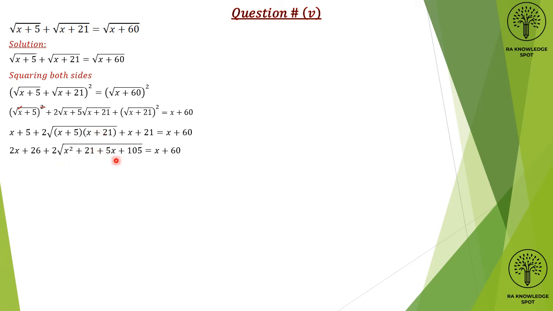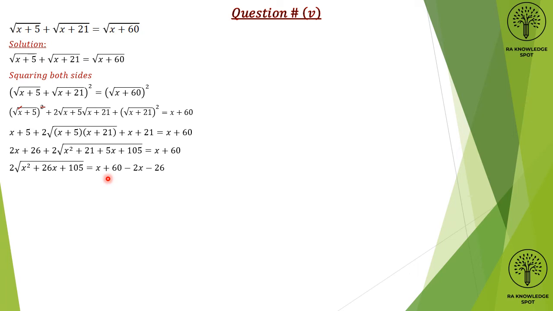This is a simple multiplication. Then I just added here x plus x, that is 2x, and some simplification: I just want the square root or radical form to stay on the left-hand side, and the rest of the numbers that don't have a radical should be on the right side. So this is just the shifting.